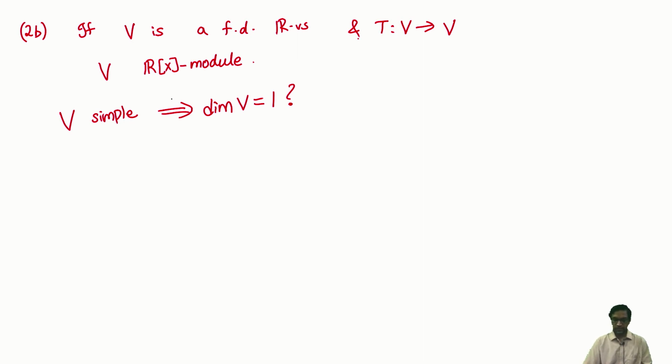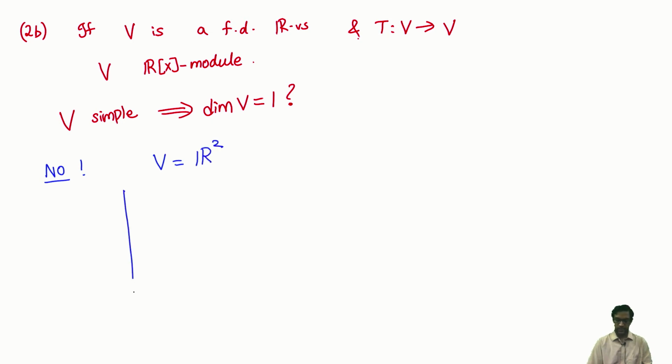Now, it turns out the result is not true in this case. Here's the interesting observation: a simple module need not have dimension 1 if you're over the real numbers. What's a very easy example? Well, we can just take V to be a two-dimensional space.